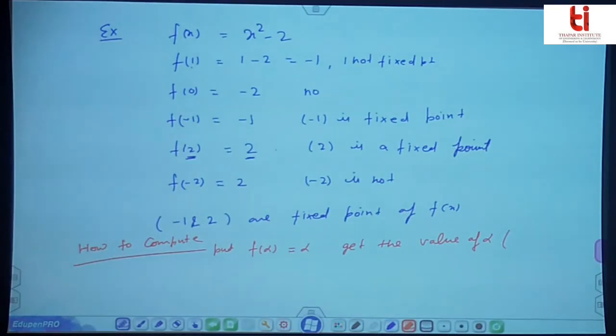In this case, let f of alpha equal alpha. So f of alpha is alpha square minus 2 equal to alpha. So alpha square minus alpha minus 2 equals 0. Get the value of alpha. Alpha square minus 2 alpha plus alpha minus 2 equals 0.